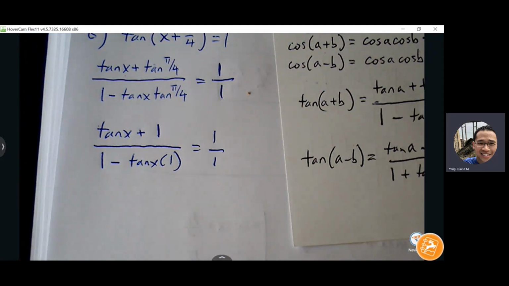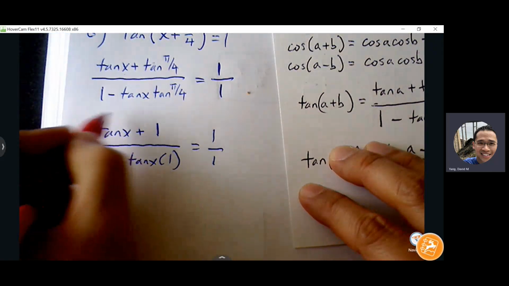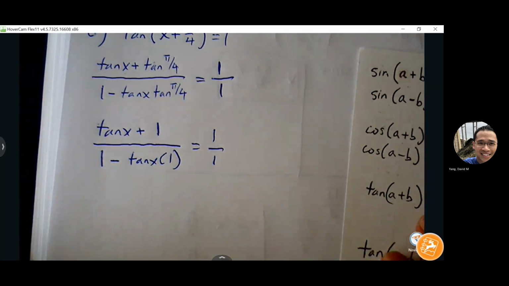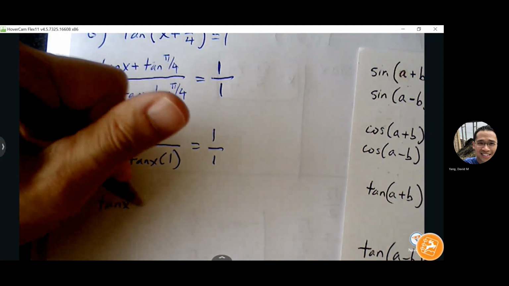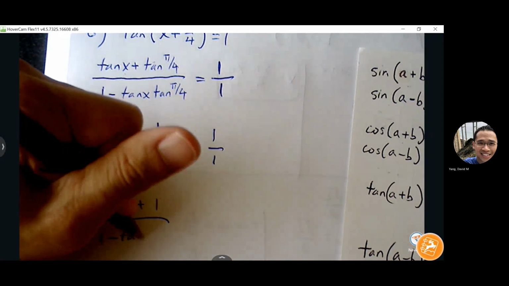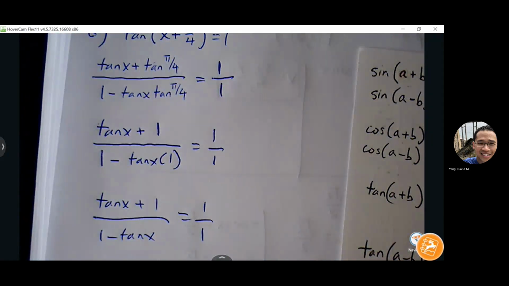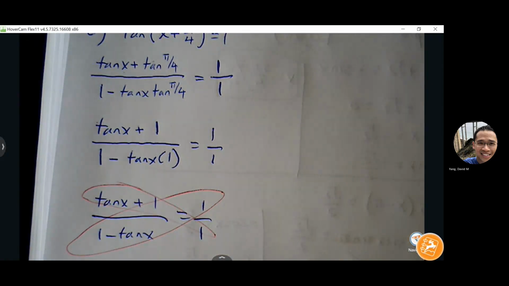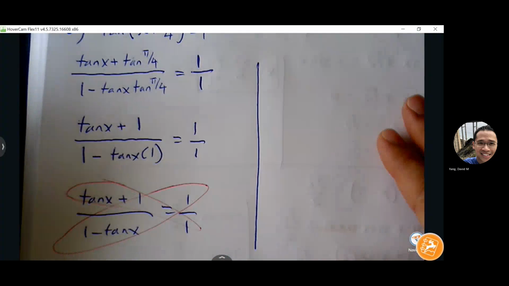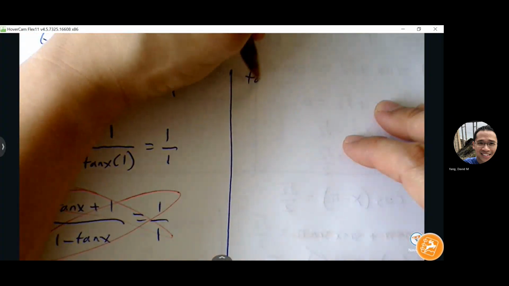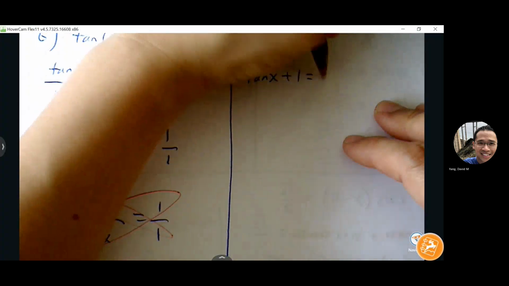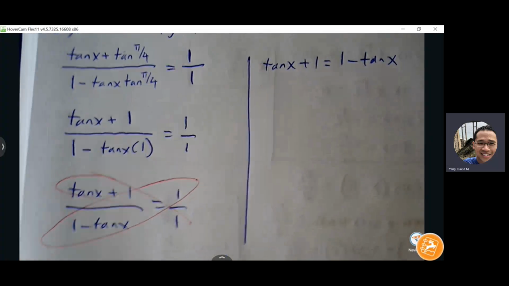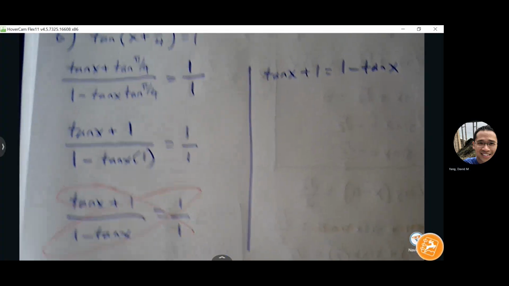But if I cross multiply, I can get the denominators to go away. Sorry, why does it equal 1 over 1 instead of 0?